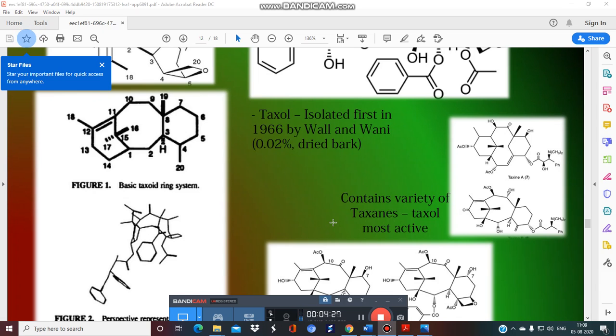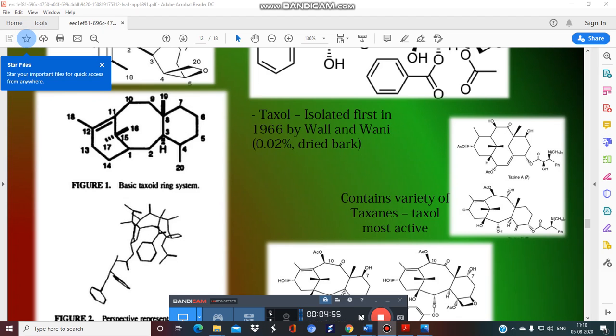So it has a very low concentration. And 50 to 150 milligrams of Taxol are obtained from 1 kg of dried bark.